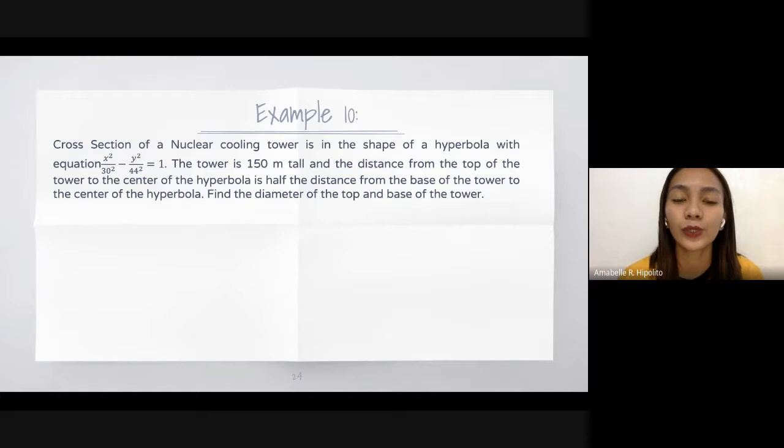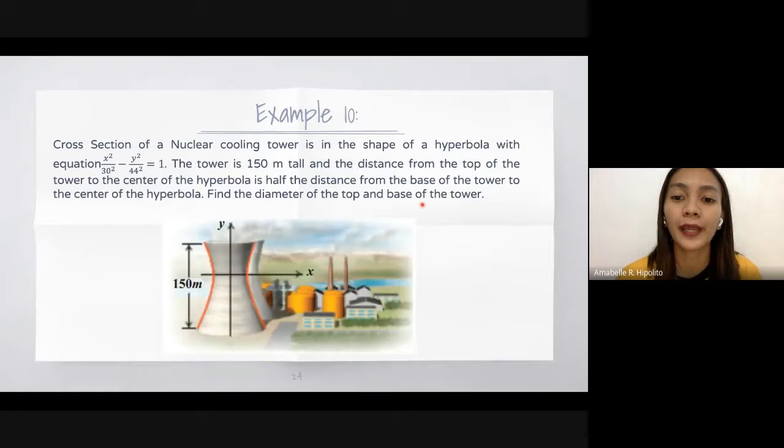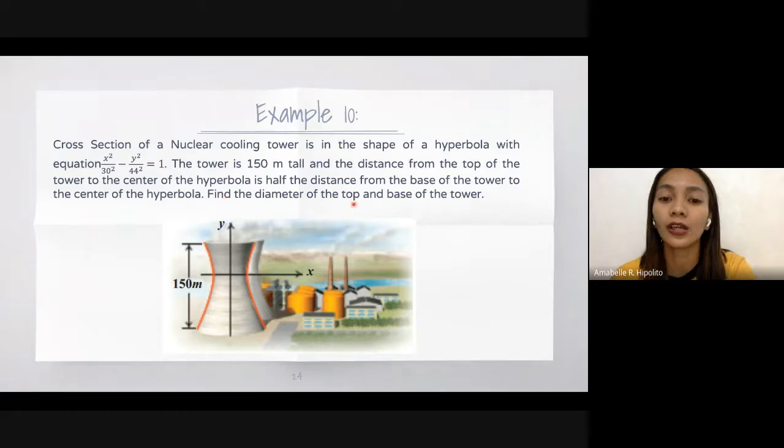The tower is 150 meters tall and the distance from the top of the tower to the center of the hyperbola is half the distance from the base of the tower to the center of the hyperbola. Find the diameter of the top and base of the tower. So, anong hahanapin natin? The diameter of the top and base of the tower.